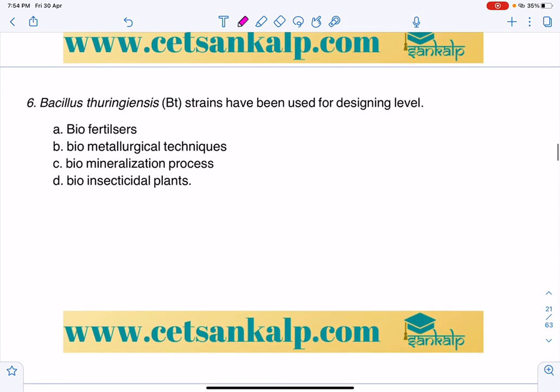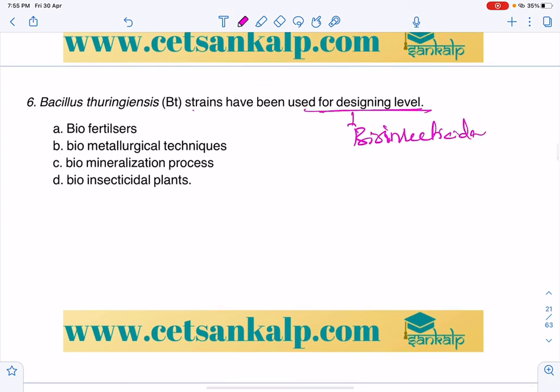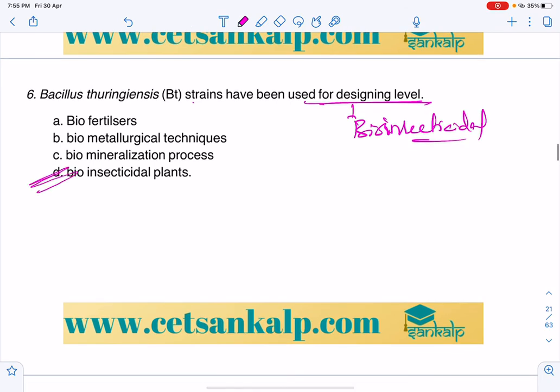Next, Bacillus thuringiensis, that is a biocontrol agent. Strains have been used for designing bioinsecticidal plants. Generally this is used to kill insects, that is bioinsecticides, to obtain bioinsecticidal plants. It is used to kill cotton bollworm.